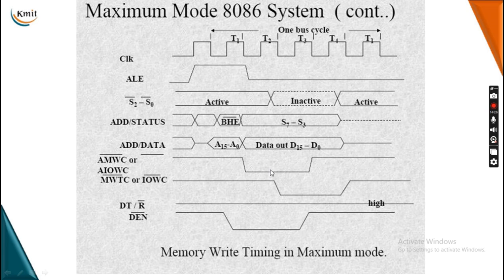Now it is write: write will be high when active and low when inactive. Here for the write operation, both should be enabled in order to write your data into the memory. So this is the timing diagram of the maximum mode 8086 system. Thank you.